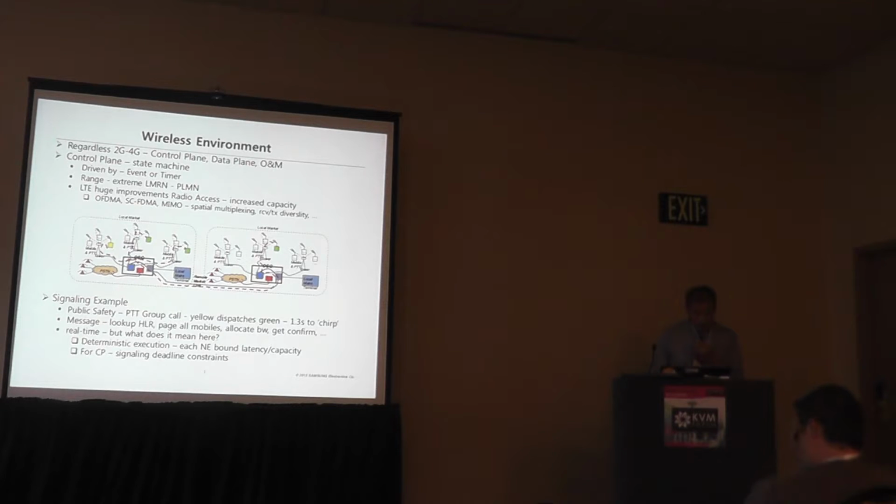So essentially, in this slide, what we have is yellow trying to do a push to talk to green. So there's a lot of control messages going back and forth, and when you get down to it, each network element has a pre-allocated latency, and each link also has a pre-allocated latency.